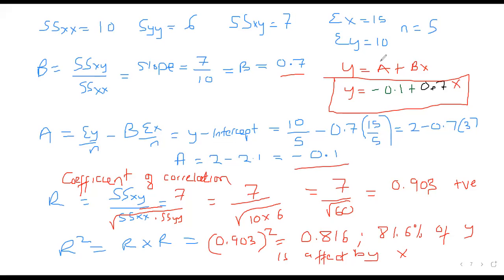You substitute in the formula where there's A and B, negative 0.1 and positive 0.7, and you find the regression equation. By the way, the regression equation is sometimes written as B0 plus B1 x, where B0 is the same as A and B1 is the same as B.